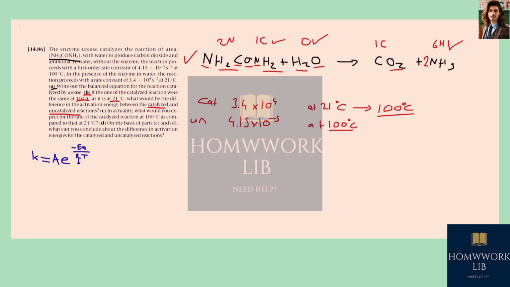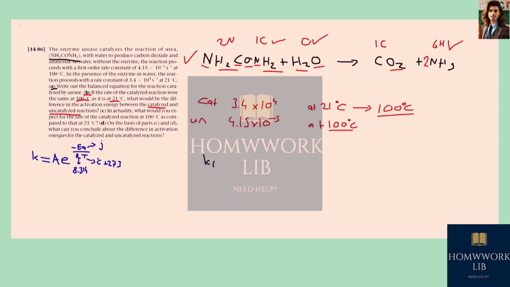Now this R is going to be 8.314 and T is going to be in Kelvin, so it means Celsius plus 273. And Ea is going to be in joules. So let's write the k1 for our catalyzed and k2 for our uncatalyzed versions.